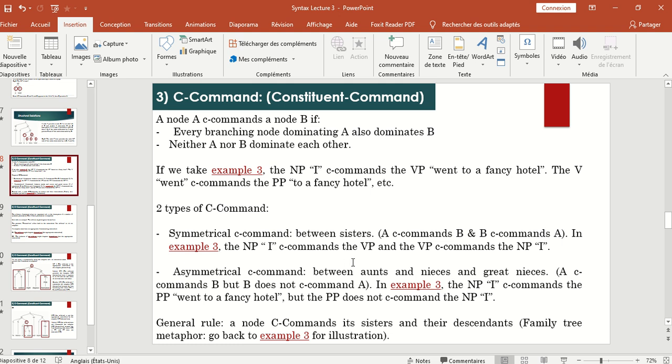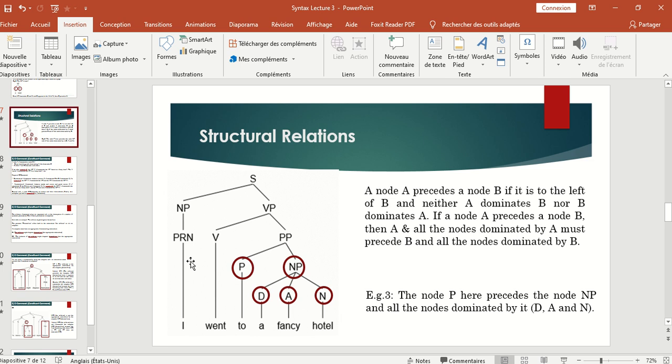Now when we talk about the family metaphor, we talk about aunts and nieces and great nieces. And this is not symmetric. A c-commands B, but B does not c-command A. Let's see how. Now the NP, we said that the NP c-commands the VP.